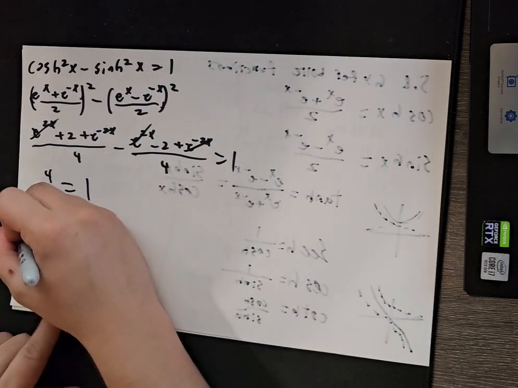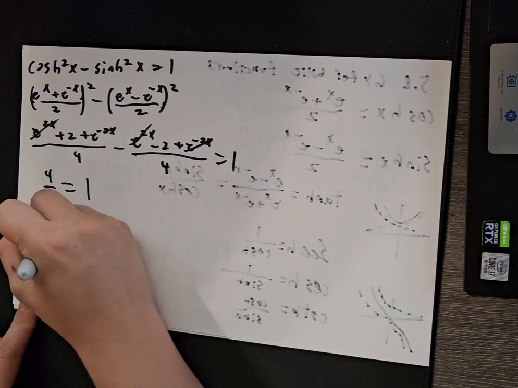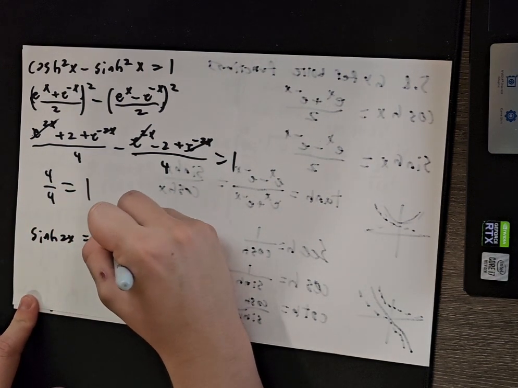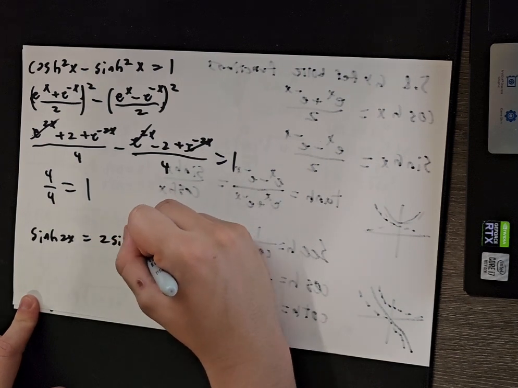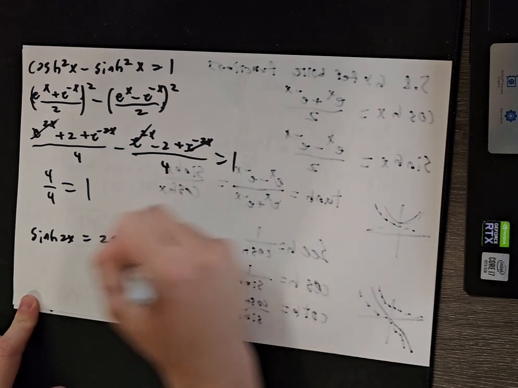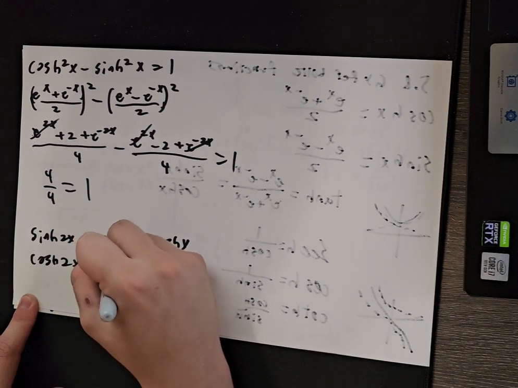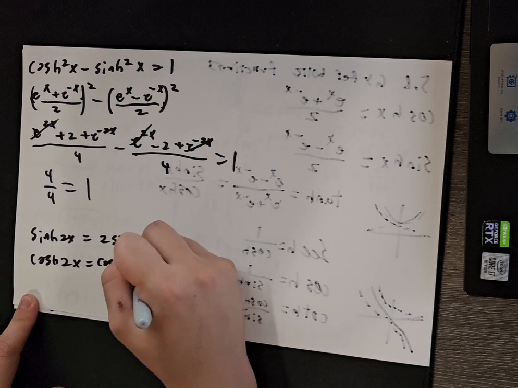Now they have a few other identities, such as sine h of 2x equals 2 sine h of x cosine h of x, and cosine h of 2x equals cosine h squared of x plus sine h squared of x.